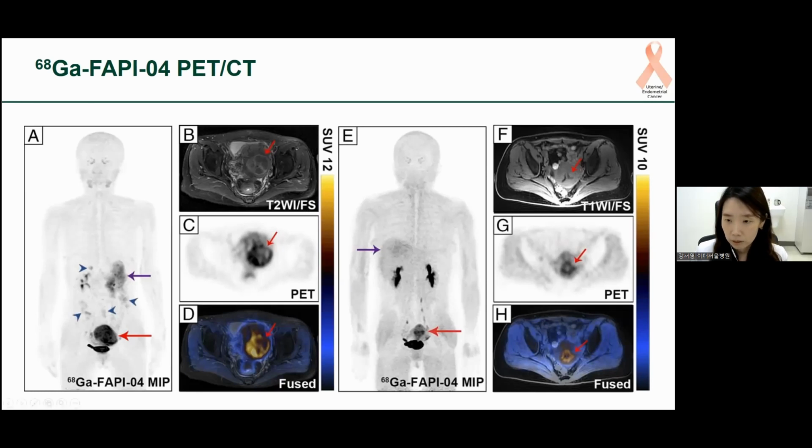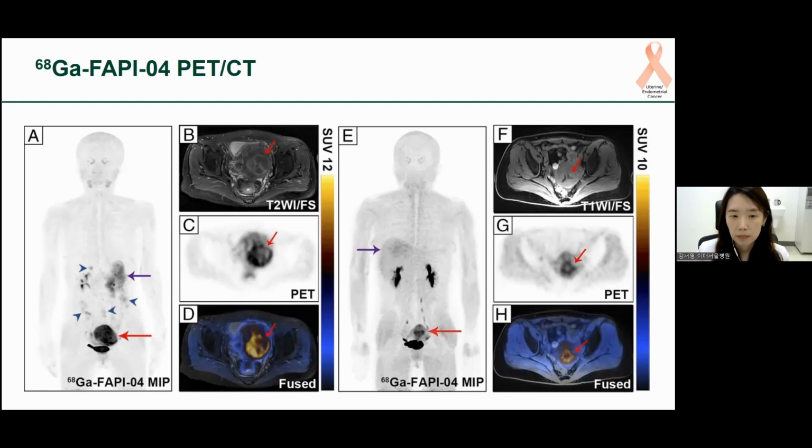And also in the uterus, there is diffuse uptake around the IUD here. So it is probably inflammatory change or some other benign change around the IUD. In this patient, there was no malignant lesion.